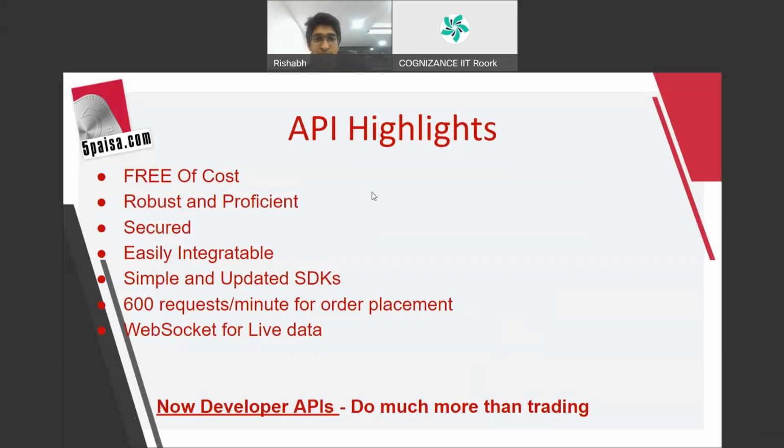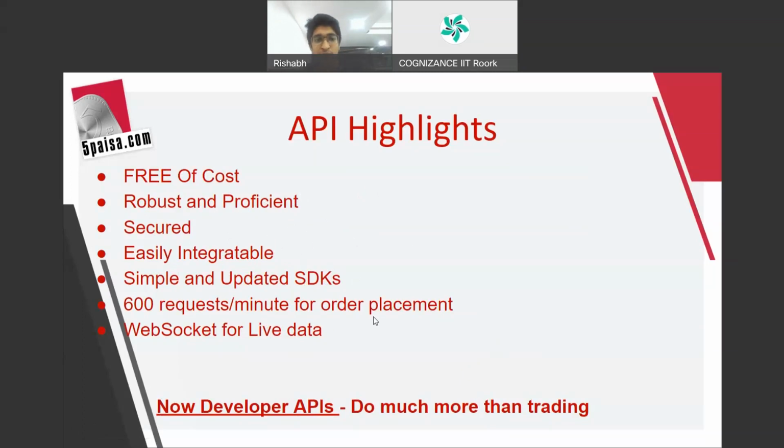Then a few highlights: our APIs are free. Most of the brokers other than 5paisa are charging for the APIs as well, which makes it better for using 5paisa API. Then it is secured and easily integratable. I'll show you how easy it is. Then SDKs are there, and we have good speed and performance.